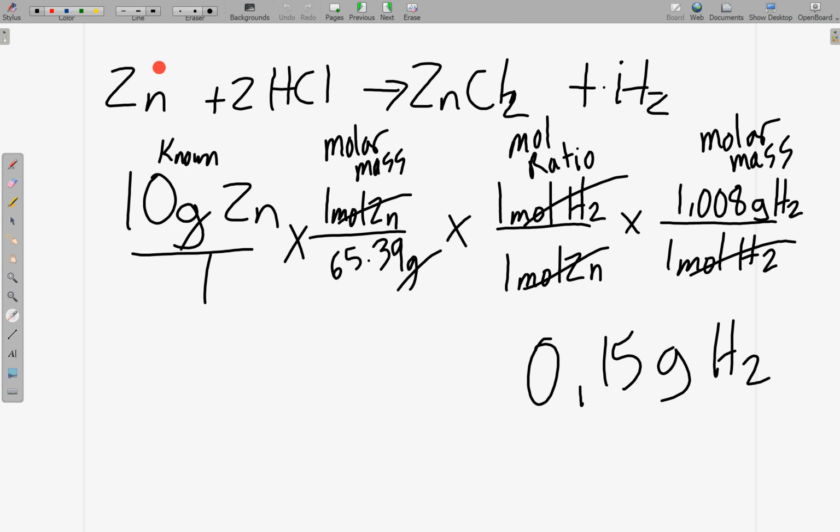Then you use the mole ratio from the equation, which is in this case a 1-to-1, and you convert to moles of hydrogen. Once you have moles of hydrogen, you use the molar mass from the periodic table to calculate the number of grams in the number of hydrogen moles, and that comes out to be 0.15 grams.